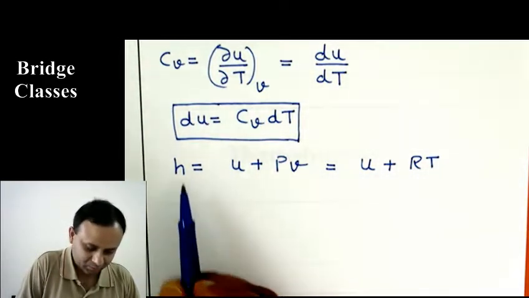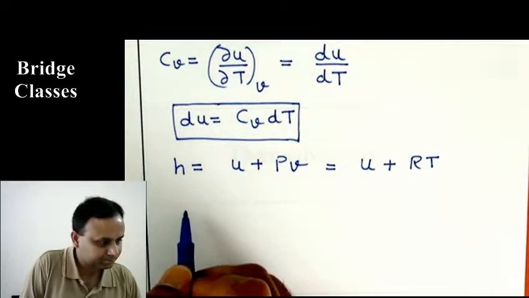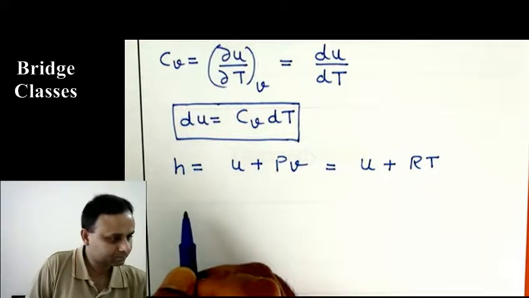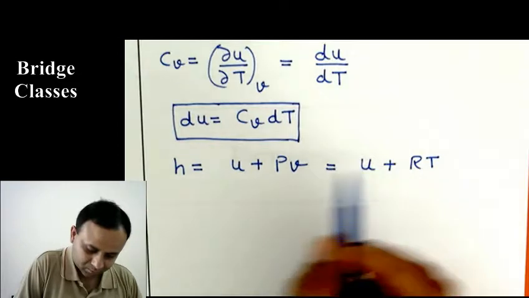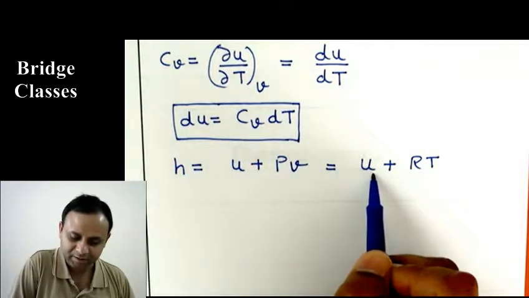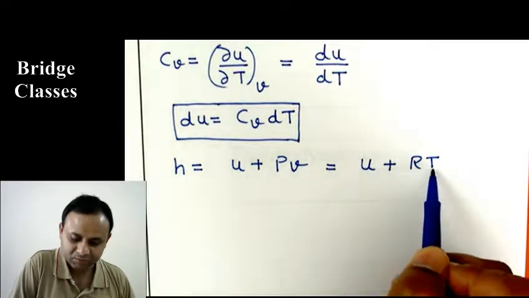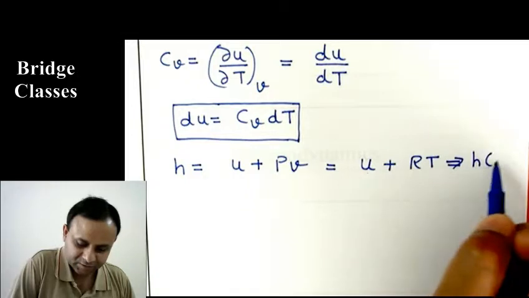Let me also do the same for Cp. Because U is a function of temperature only and R is constant, this means that H is a function of temperature only.